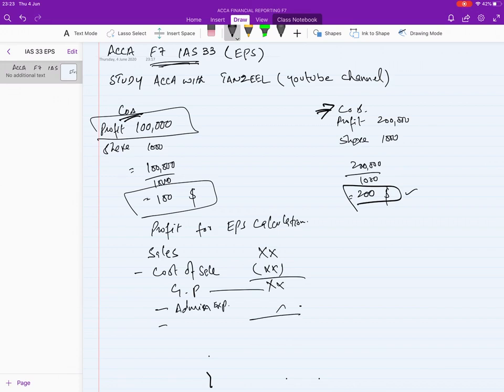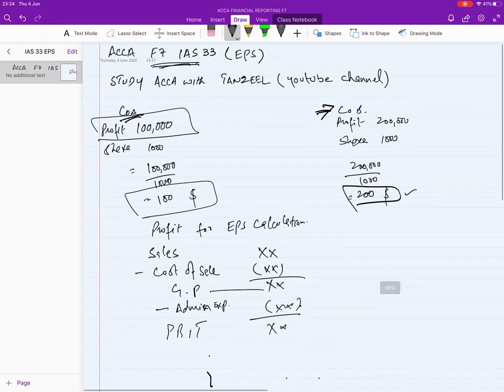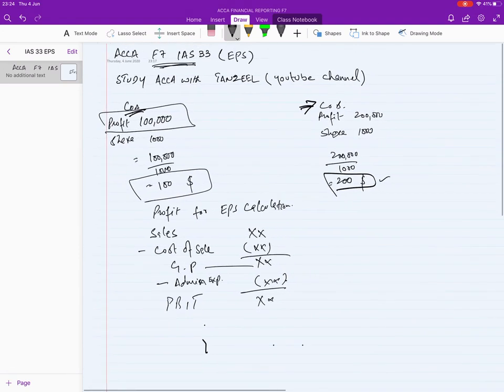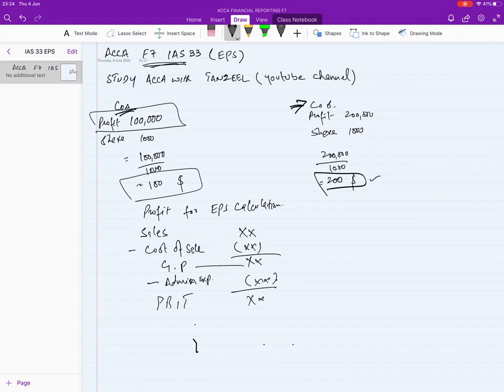If you deduct all those costs, you will get net profit, or profit before interest and tax, PBIT. It is profit before interest and tax, because you have to pay interest if you have any loan, and you have to pay tax. This profit is not for ordinary shareholders, so you have to pay interest expense.